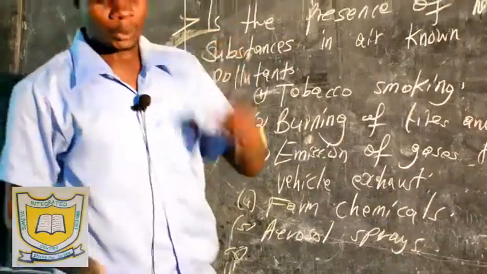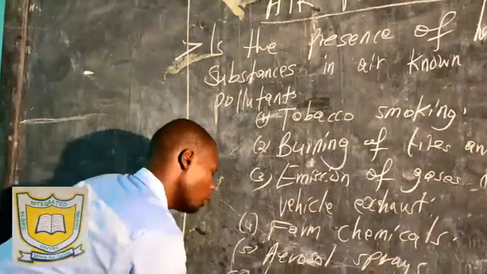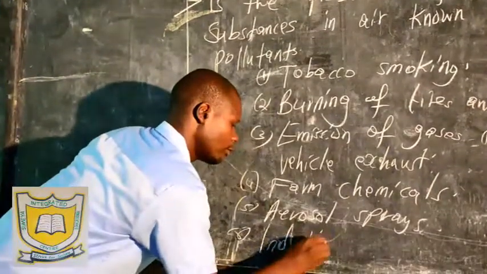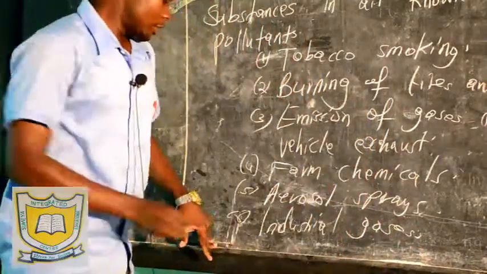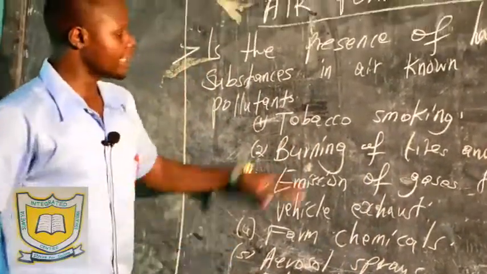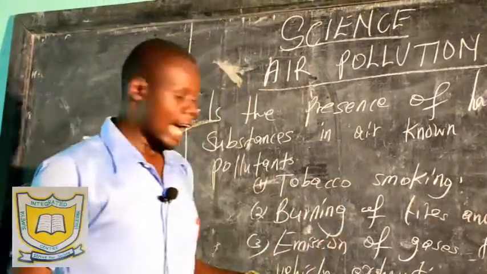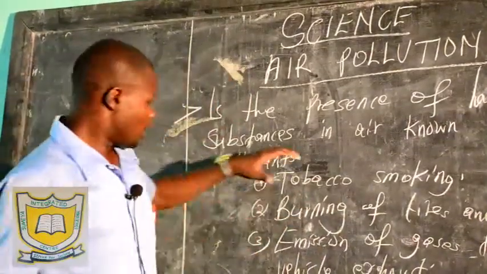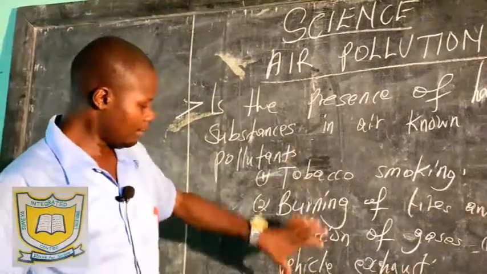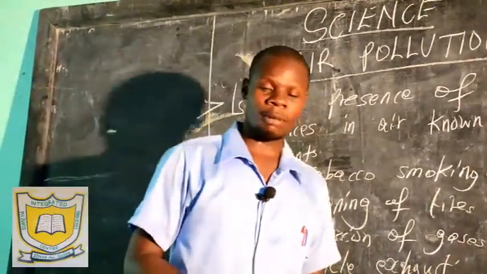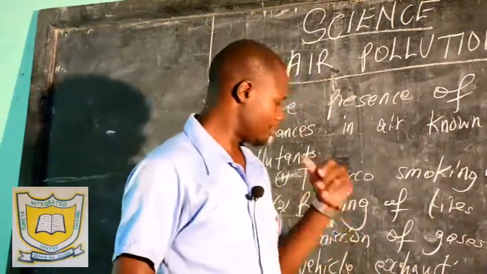And finally, we have industrial gases. These are 6 ways on how the air can be polluted. I want to go through them. We discuss and see how they pollute the air, in which way, all of them. And then we will also discuss the effects of this air pollution on the living component of the environment.